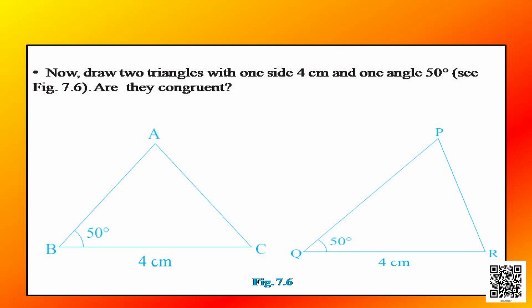That means we have two equal sides and the included angle is also equal in both the triangles. So we can say that these two triangles are congruent to each other. This is the first criterion for congruence of triangles.